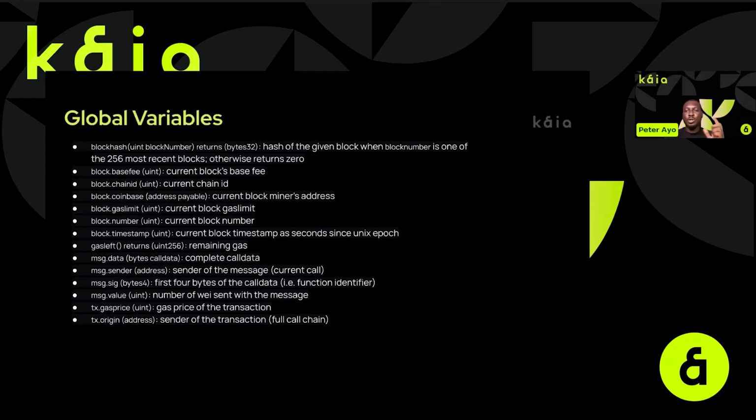So just to cut the long story short, blockhash takes in a block number and it returns the block hash. But you can't get a block hash for a block number that is not part of the most recent 256 blocks. If you try to get a block hash for a block number older than the most recent 256 blocks, it's going to return 0.